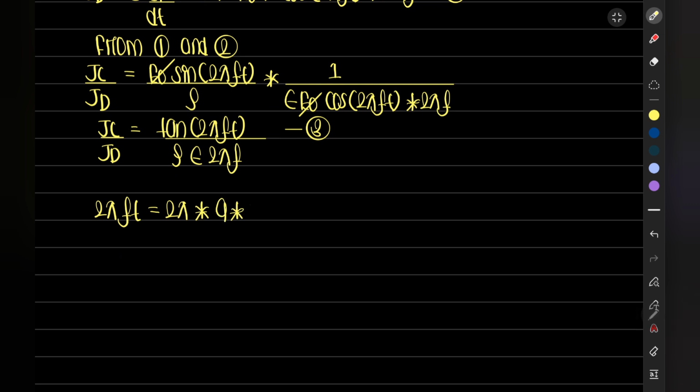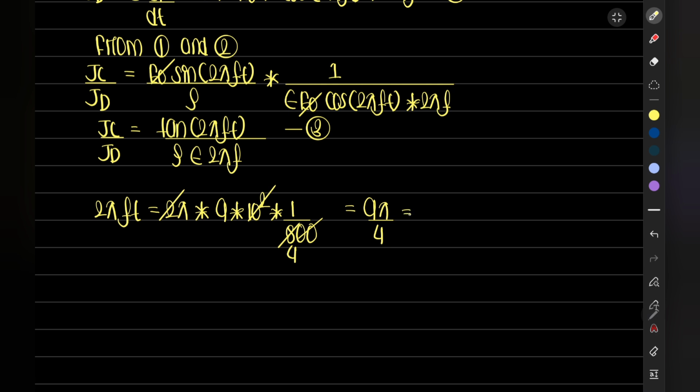The time given is 1 upon 800 second. The 10 to the power 2 and these 2 zeros will get cancelled out. This 8 will be 4 times 2, so it will be 9 pi upon 4.